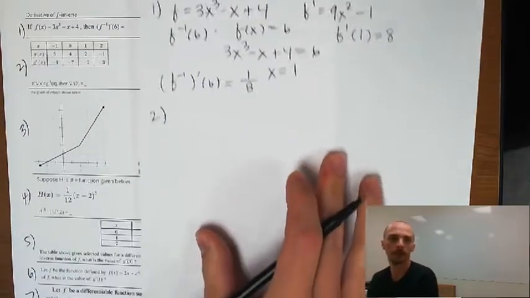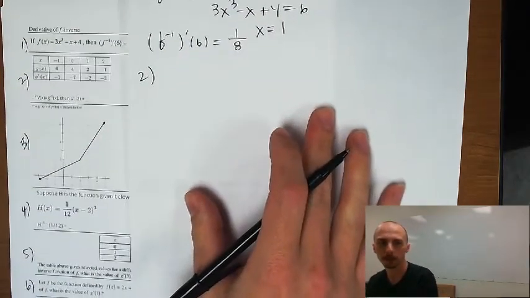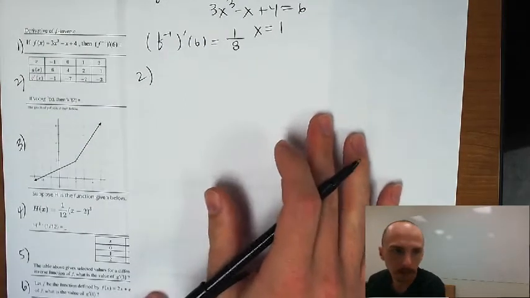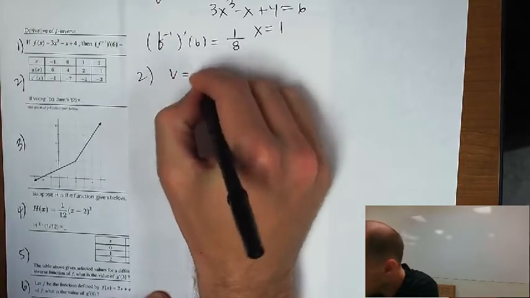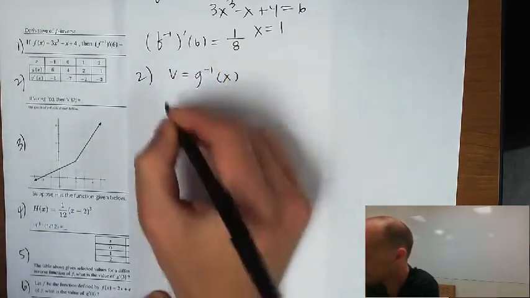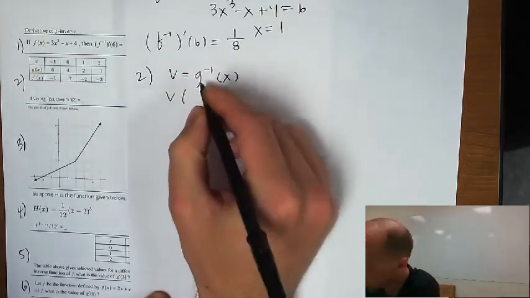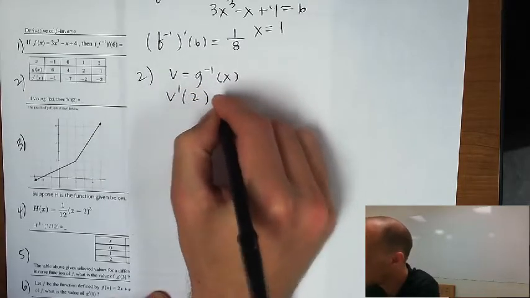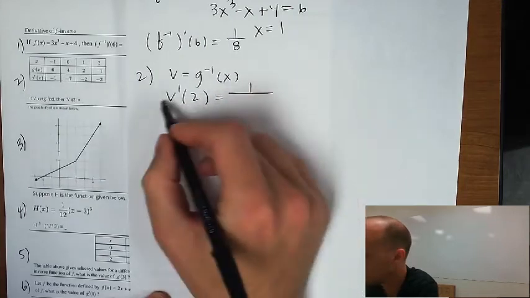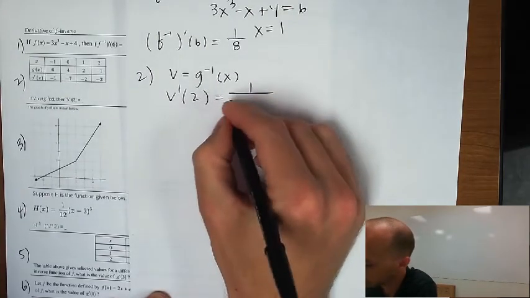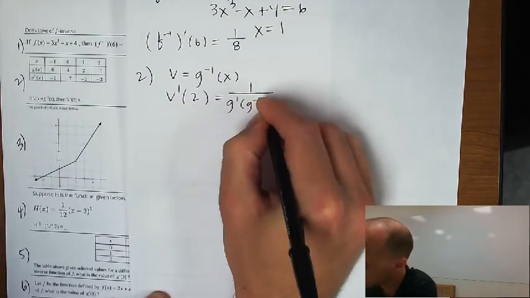Okay, the next one is a table, and this is the much more common way to see this problem, right? Okay, so v equals g inverse of x. Okay, so v of 2, well, I guess what I'll do is I'll write out the formula. V prime of 2 is 1 over, well, it's g inverse prime of 2 is 1 over g prime of g inverse of 2.